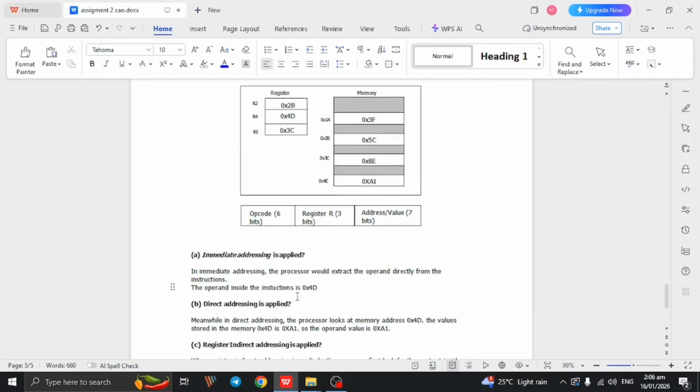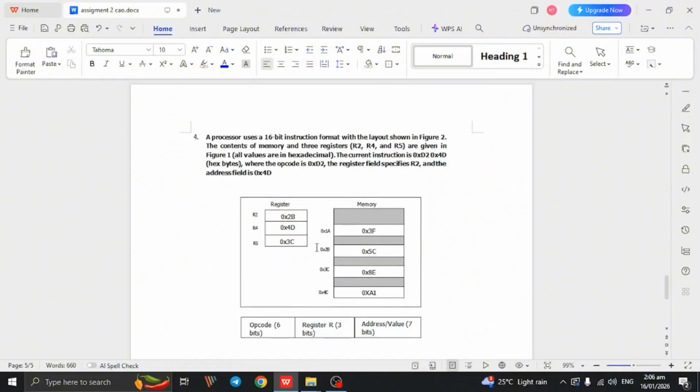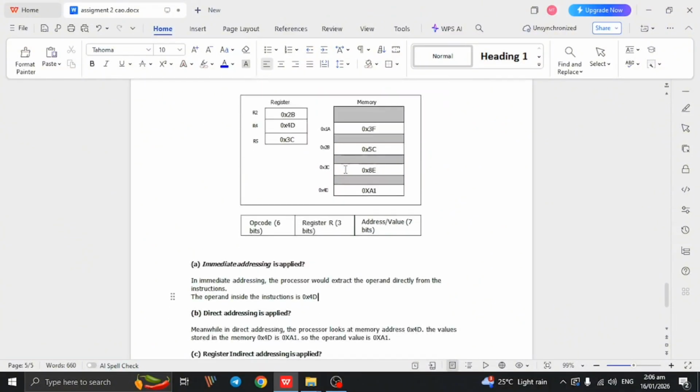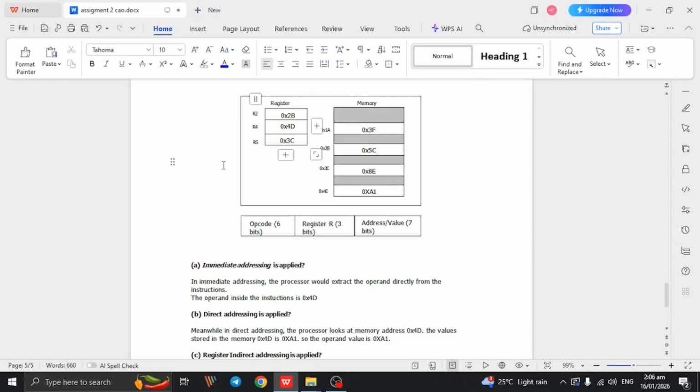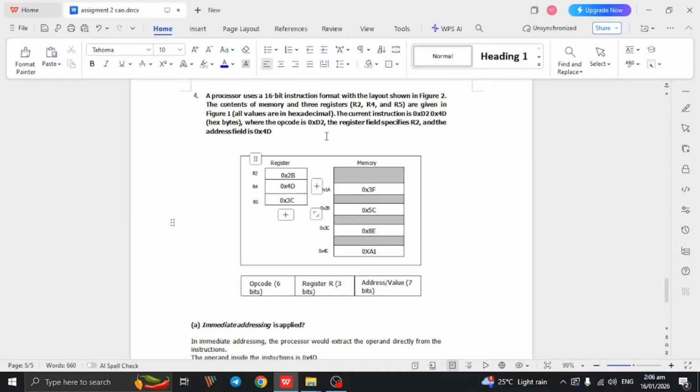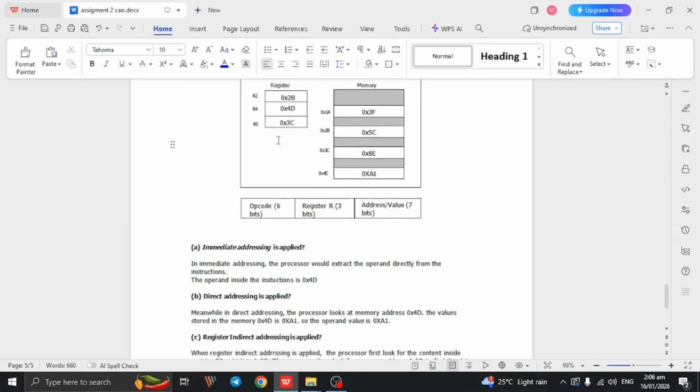The opcode is 0xD2 and the address field is 0x4D.